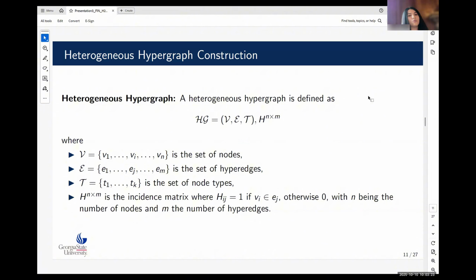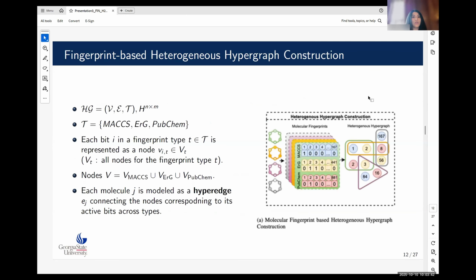So this is just a formal definition of a heterogeneous hypergraph. We have three things: a set of nodes, a set of hyperedges, and a set of node types. And it is represented as an incidence matrix that tells us if a node is in a specific hyperedge or not. So how it is applied to our model, we have three different fingerprint types, which are MACCS, ERG, and PubChem.